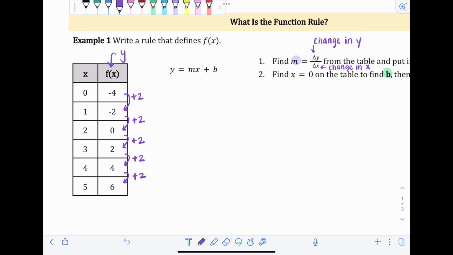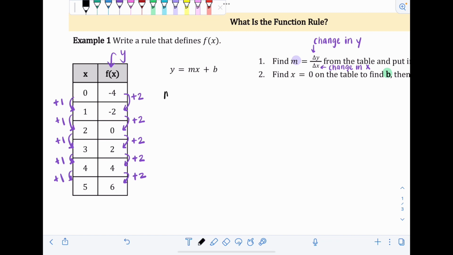And then for all of our x's, going from 0 to 1, the change is up 1. From 1 to 2, the change is plus 1 also. 2 to 3, plus 1. 3 to 4, plus 1, and 4 to 5, also plus 1.